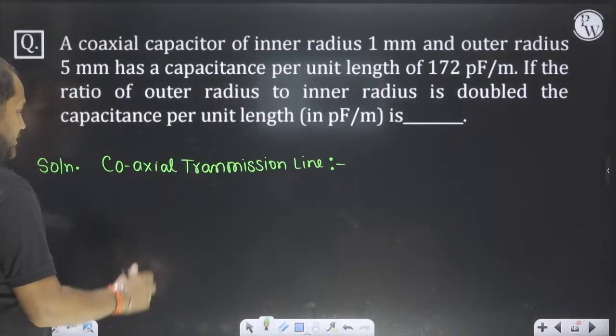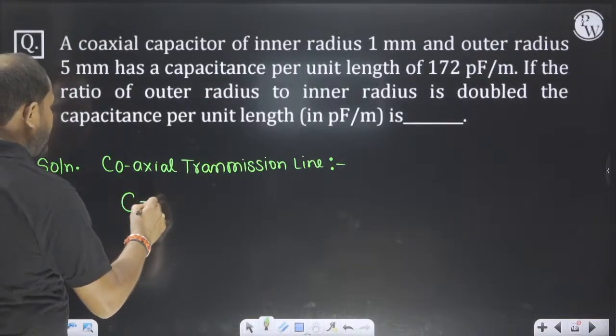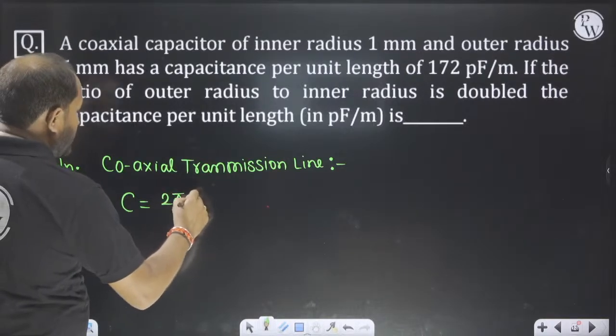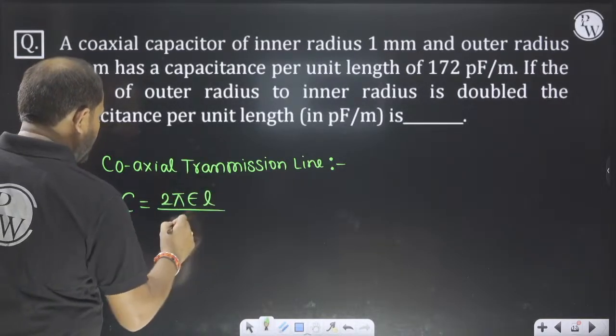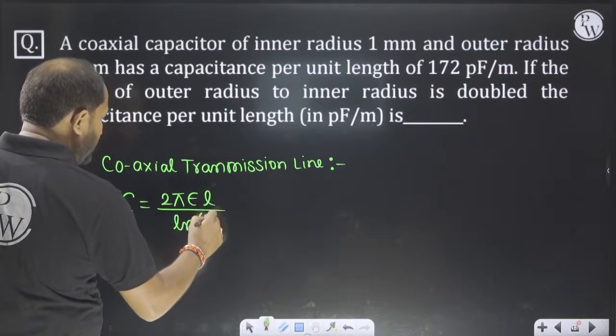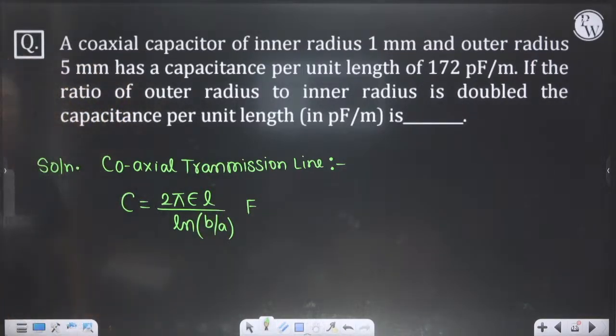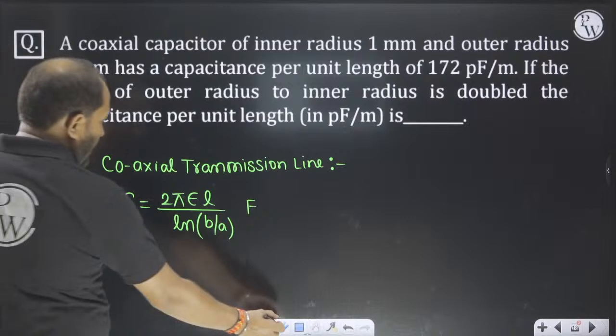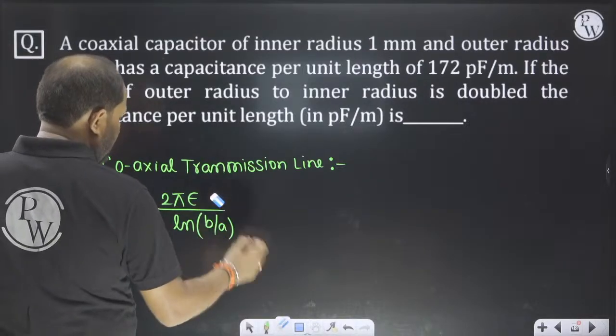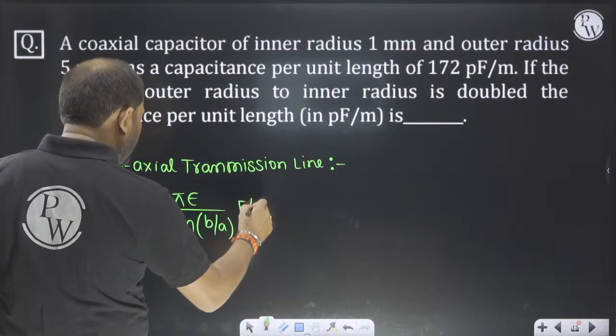I have taught you very well. So capacitance per unit length for coaxial transmission line will be 2 pi epsilon divided by ln B by A. This is in farad per meter, so I will not take L because it is given per unit length.